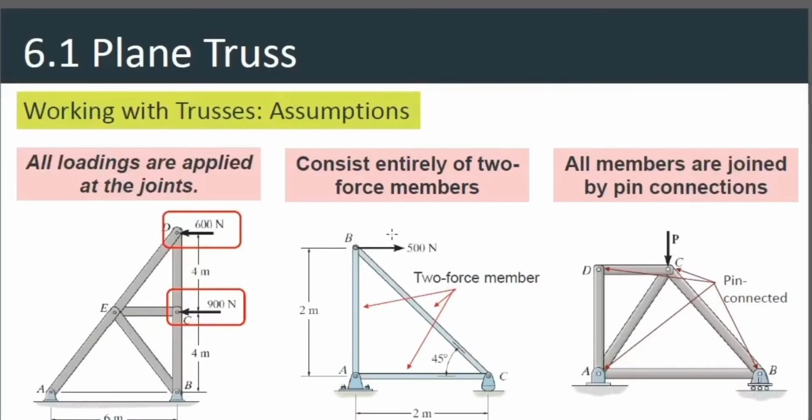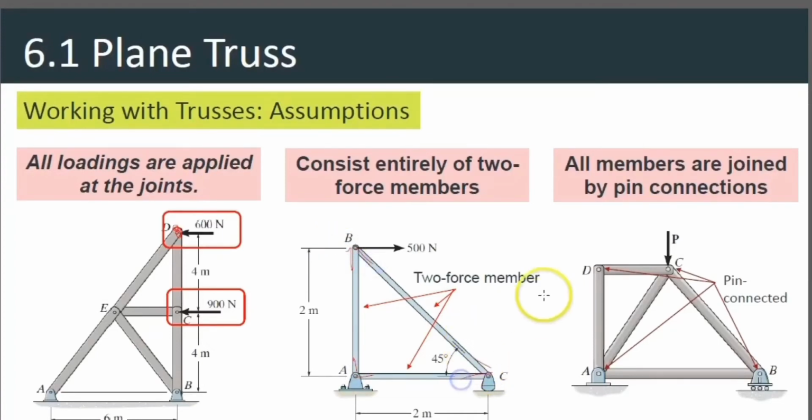Working with trusses, the assumptions are: all loading is applied at the joints. This you must remember. All loading is applied at the joints. That is the most important. The truss consists entirely of two-force members. So there will be two-force members connected into the joint.